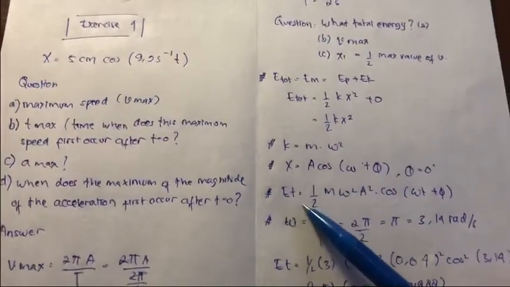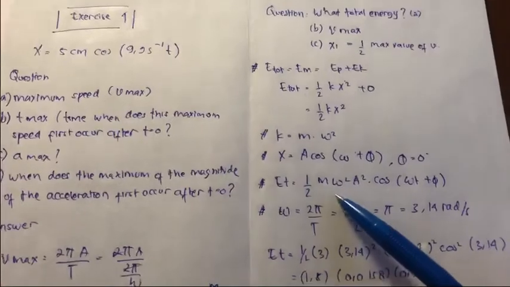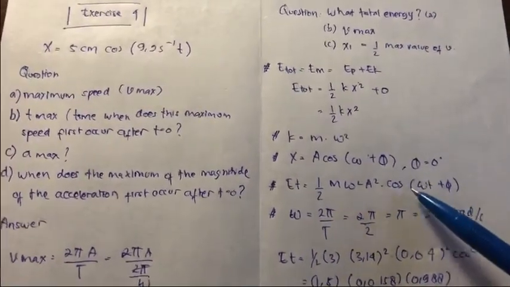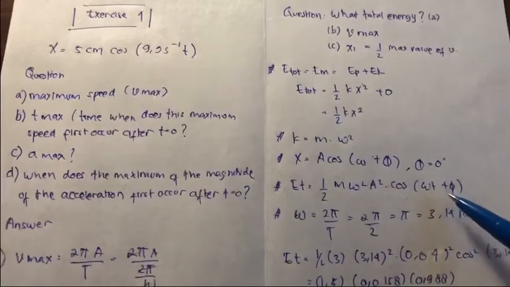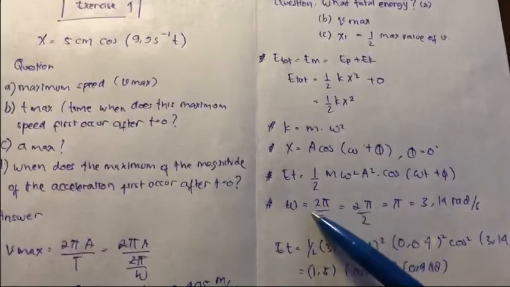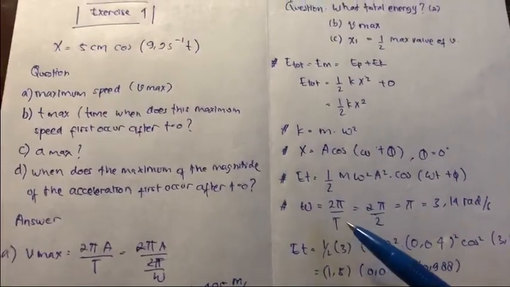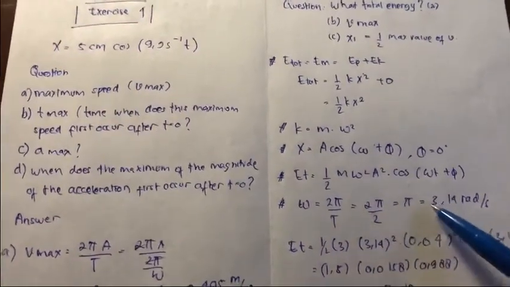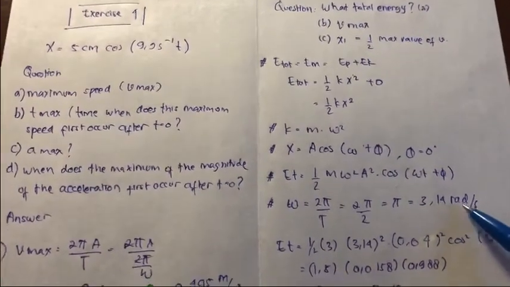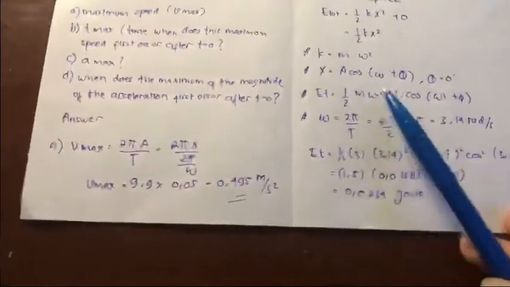The total energy is half mass times angular frequency squared times amplitude squared times cos omega t plus phase. Then the angular frequency is 2π divided by T, and we get 3.14 radian per second, the angular frequency or angular speed.